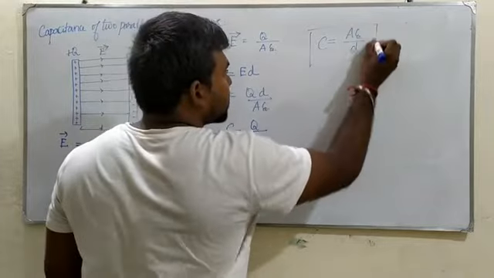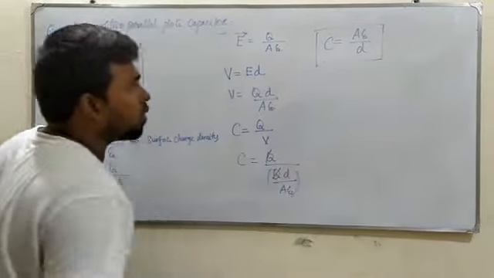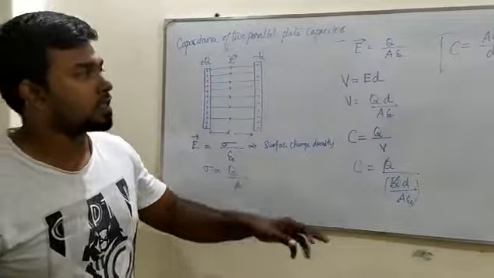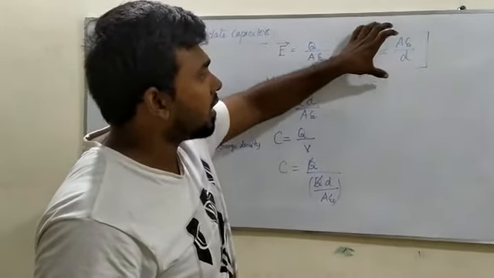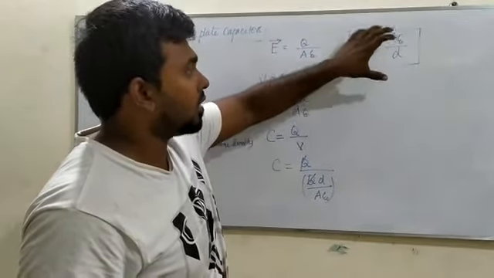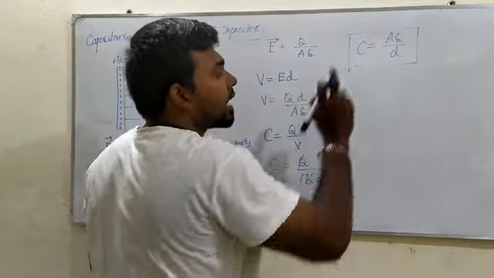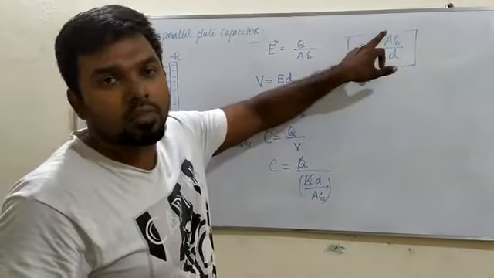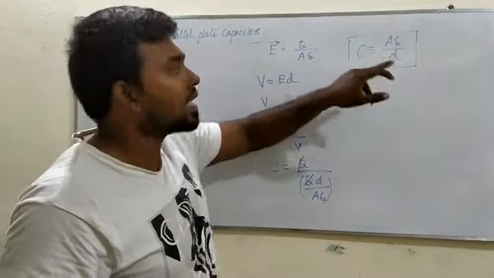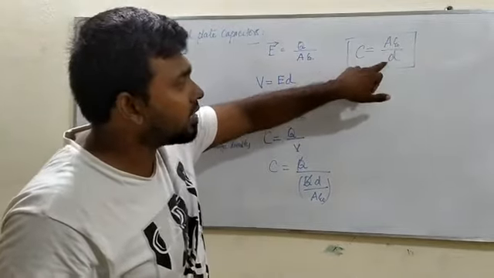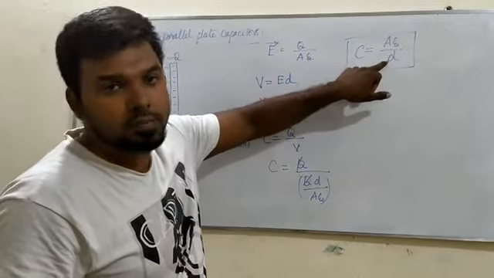So this gives the value of capacitance between two parallel plates, and we can infer two properties from this: the capacitance is directly proportional to the area of cross section of the two parallel plates, and the capacitance is inversely proportional to the distance between them.